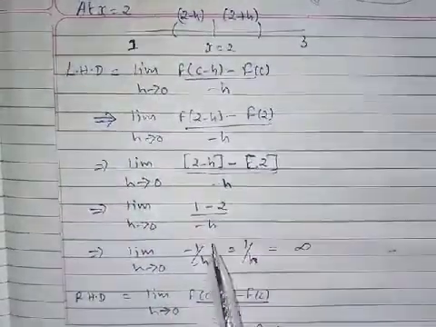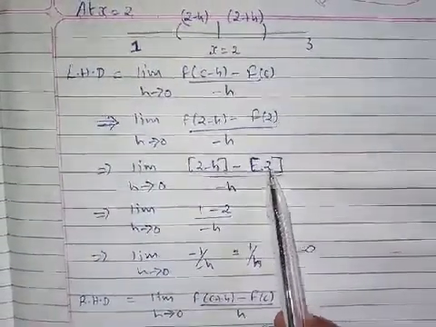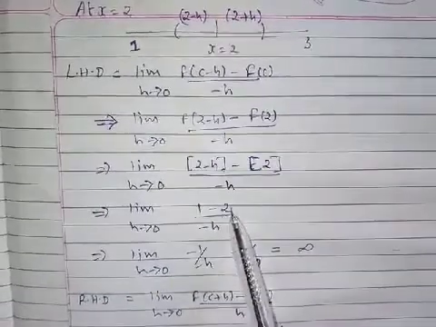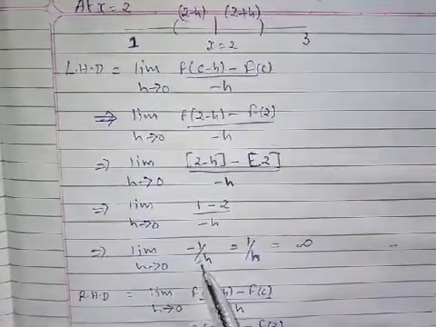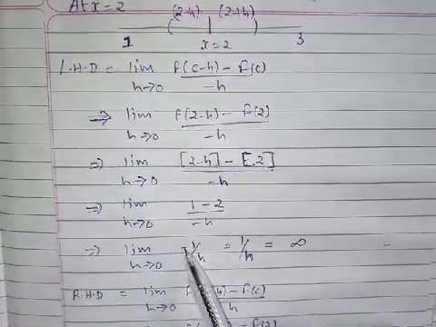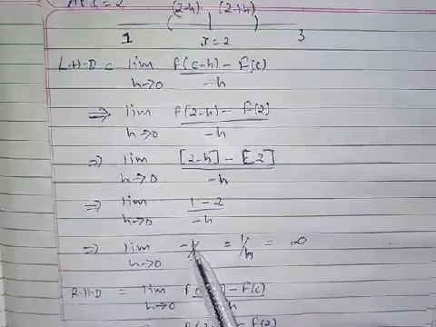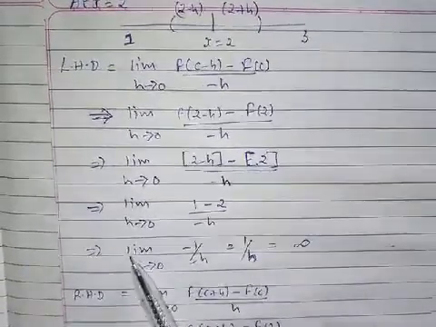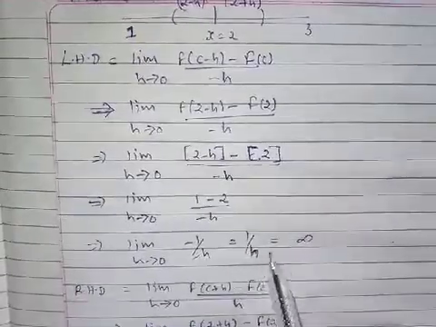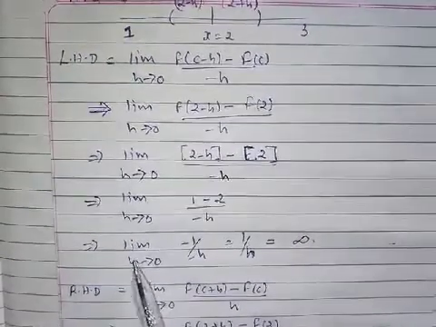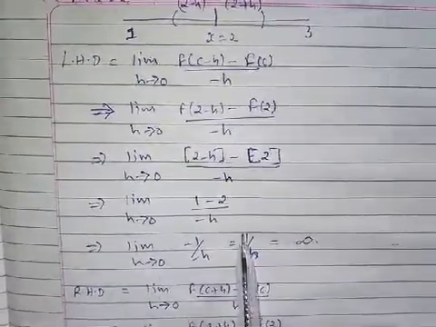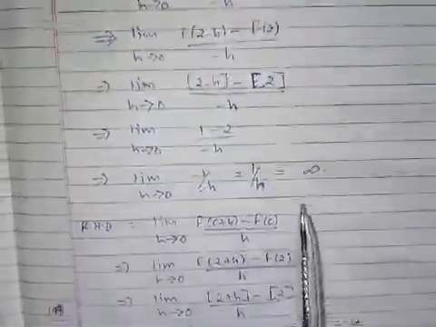It is 1, so the value is 1, and the greatest integer of 2 is 2. So 1 minus 2 is minus 1 upon minus h, which is 1 upon h. When h tends to 0, 1 upon h tends to infinity.